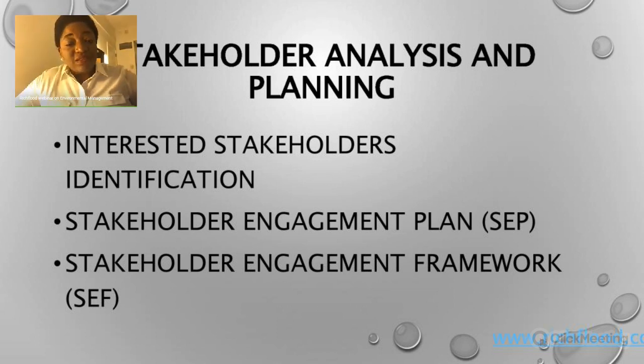So the clients will develop and implement a stakeholder engagement plan that is scaled to the project risks and impacts and developmental stages, each stage of the project, and be tailored to the characteristics and interests of the affected communities where applicable.